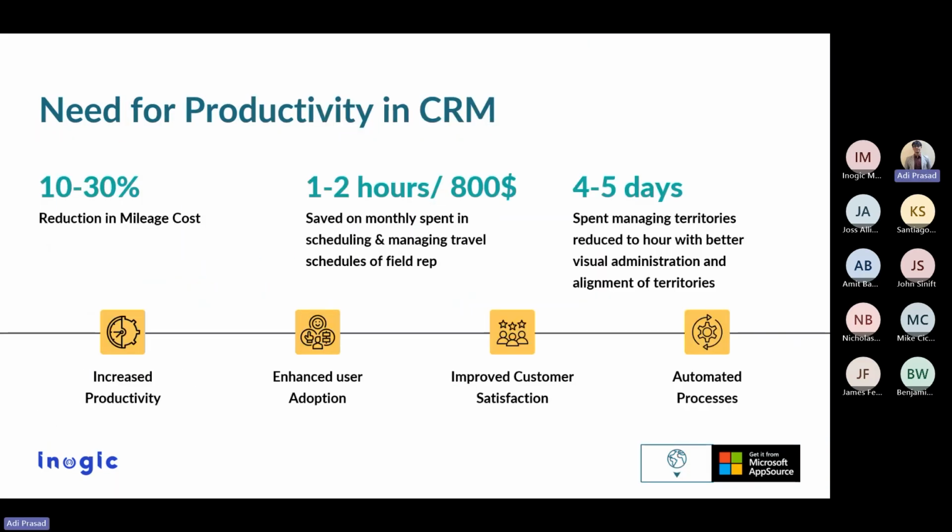When we did a research with our clients, we found out that when they started using Maplytics, there was a 10 to 30% reduction in the mileage cost. They saved upwards of almost $1,000 monthly. And when it came to territory management, it usually took them 4 to 5 days, and many people were getting involved in it, but that part was drastically reduced to under 1 to 2 hours, and only one person was able to handle, create, and balance the territories for their entire organization.